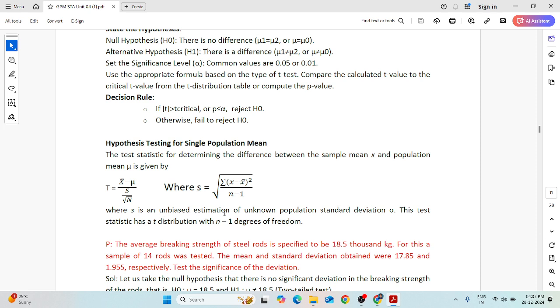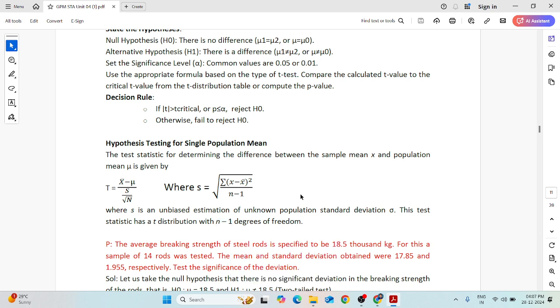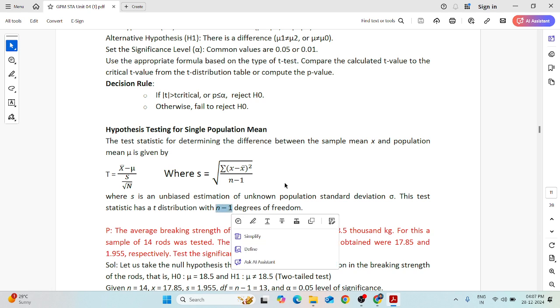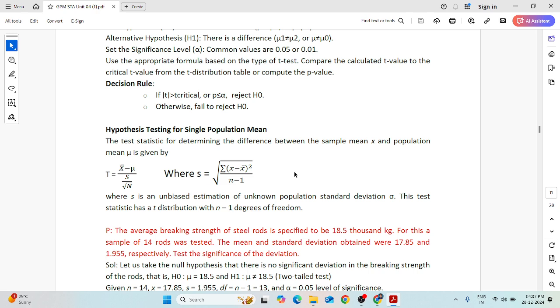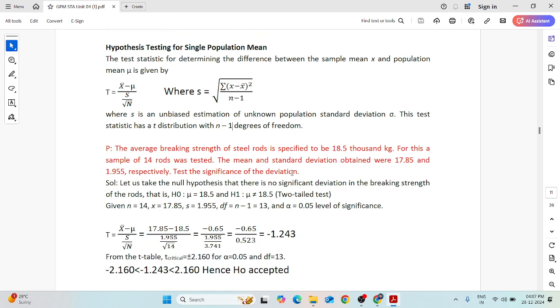So s is an unbiased estimate of the unknown population standard deviation. With the t distribution table, we have to look at n minus 1 degrees of freedom. For example, if the sample size n is 10, then 10 minus 1 is 9, so we look at the table value for 9 degrees of freedom.